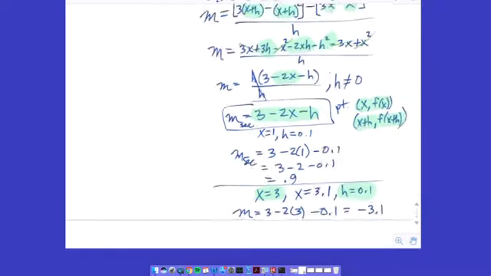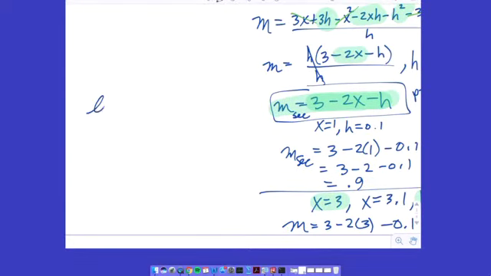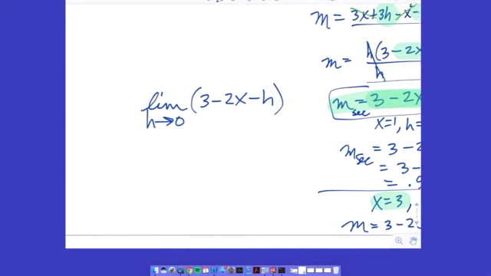Here's the magical step. If I take this little expression, 3 minus 2x minus h, and take the limit as h goes to 0, if I let h go to 0, that forces the 2 points to converge on each other. I know that I can evaluate that without saying that h has to be 0, right?